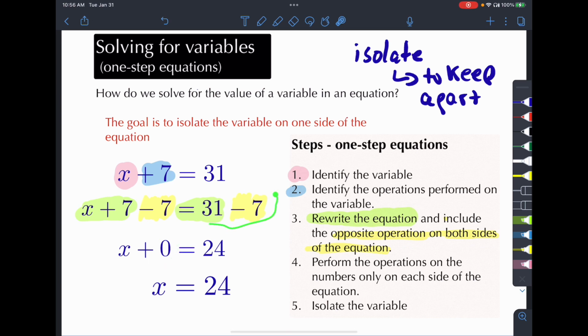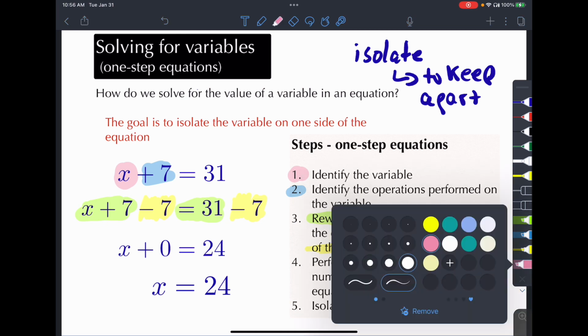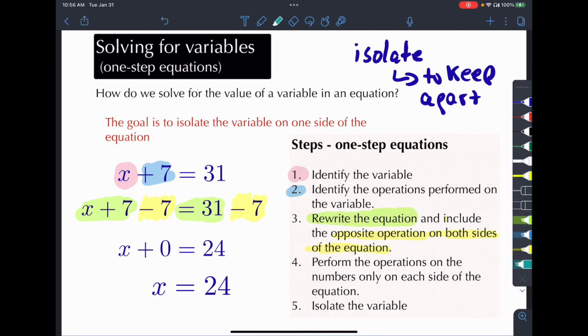And on the right side, we have 31 minus 7. 31 minus 7 is 24. So maybe I can get another color here. Why don't we try this interesting green here? All right, so number 4, we are getting these numbers here.